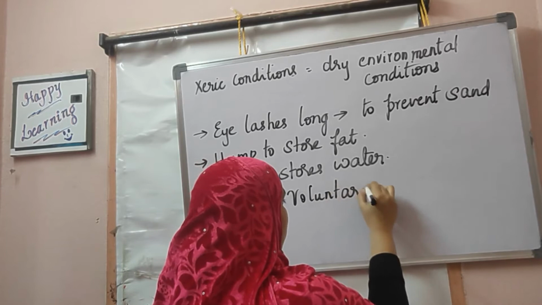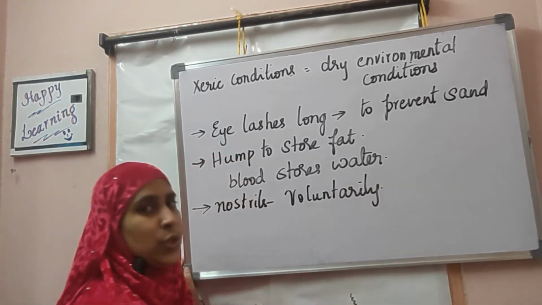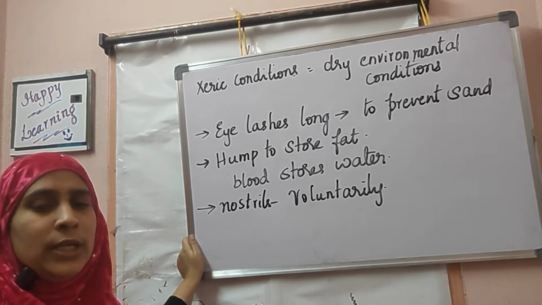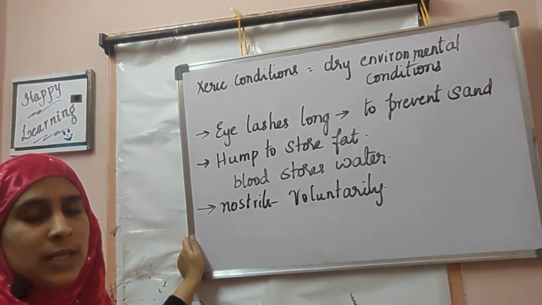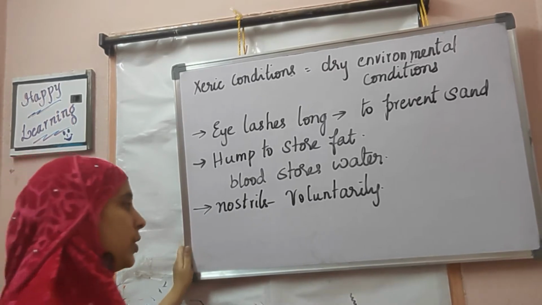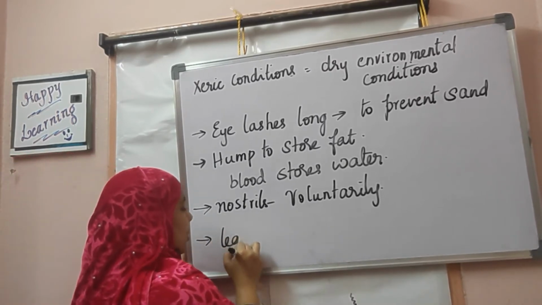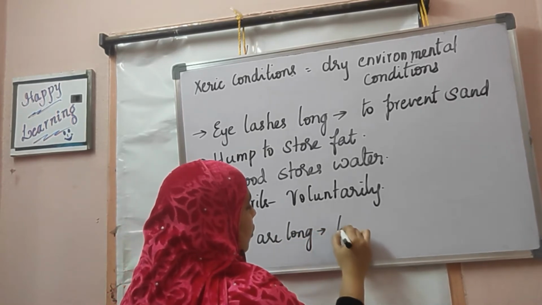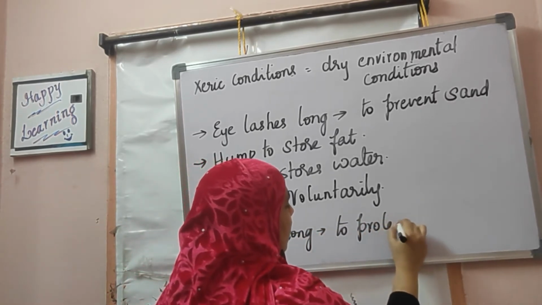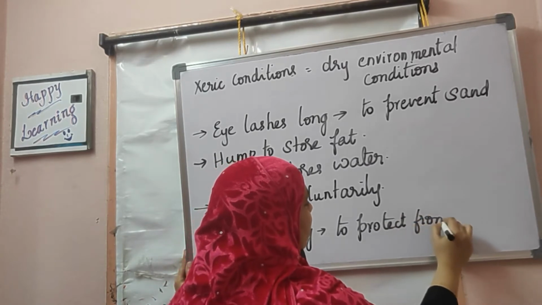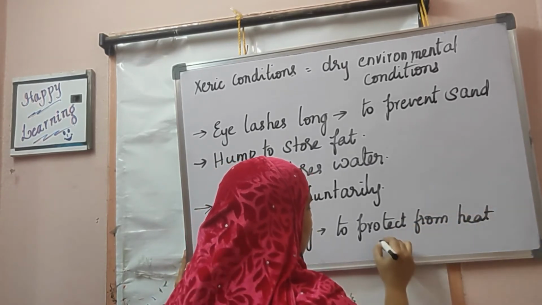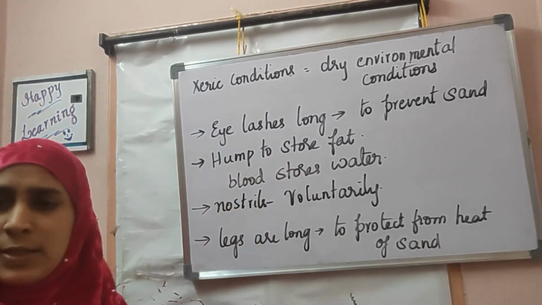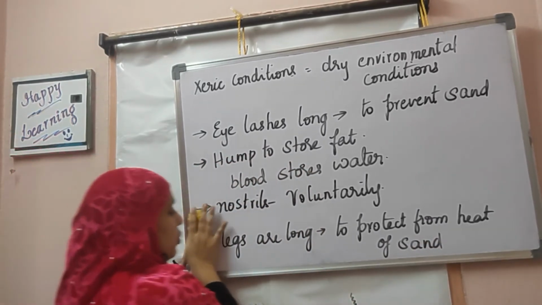That means it can open and close its nostrils at its own will. Whenever there is a sand dune, it can close its nostrils; in normal conditions, it can open them. Legs are long to protect from the heat of the sand.